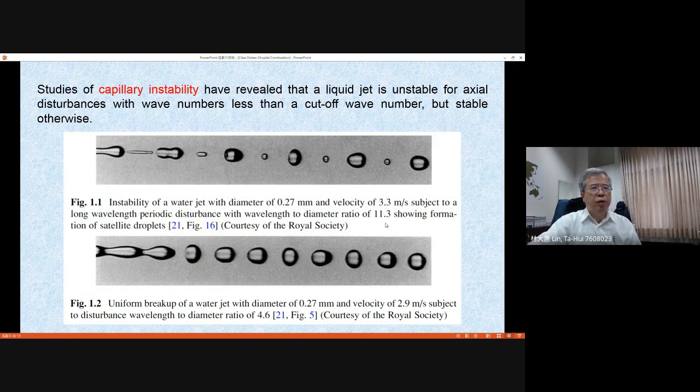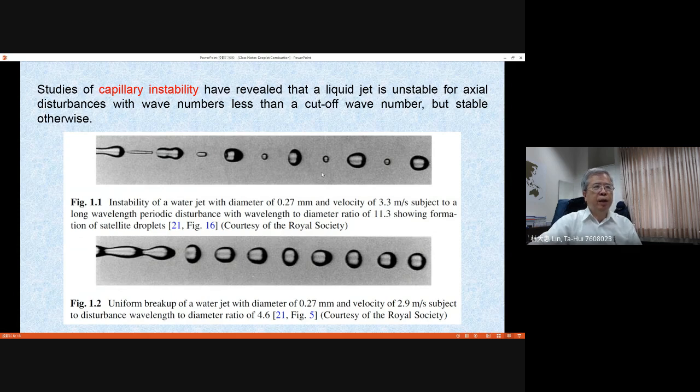Here they show that this kind of shape variation has a possibility to break the liquid jet into droplets. But actually, this is not a good one, because you have a large droplet accompanied by satellites. Sometimes you can even have 2, 3, 4 or more satellites, and that gives you trouble in the experiment.